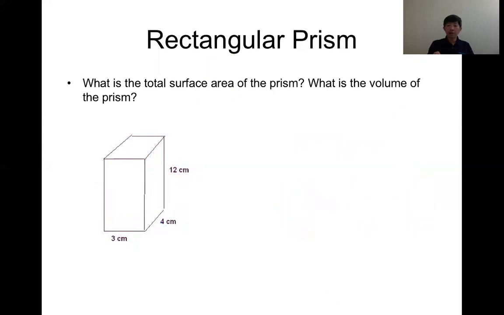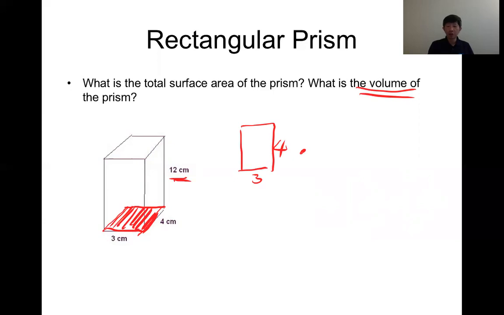Now, what about volume? Volume, basically, we find one area on the bottom, which is 3 by 4. And we fill in how tall? We fill in the height, which is 12.